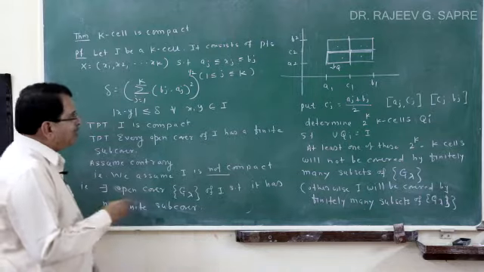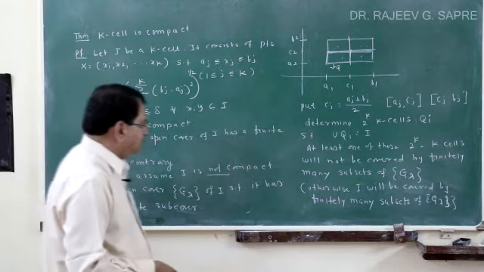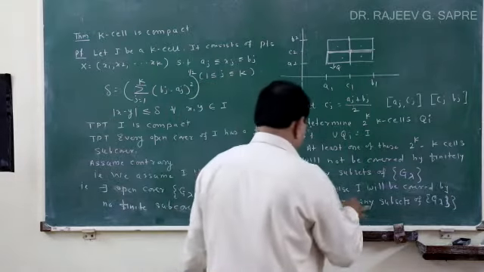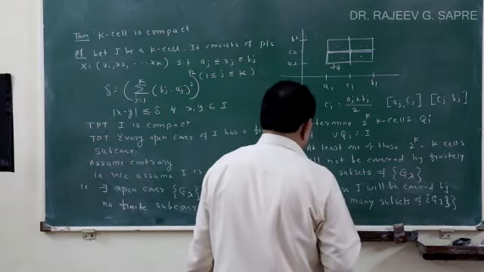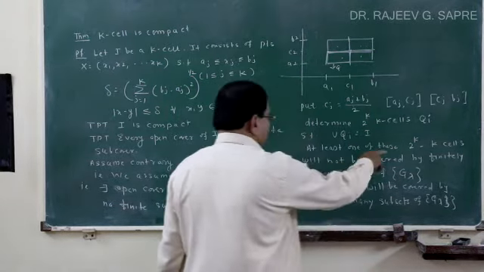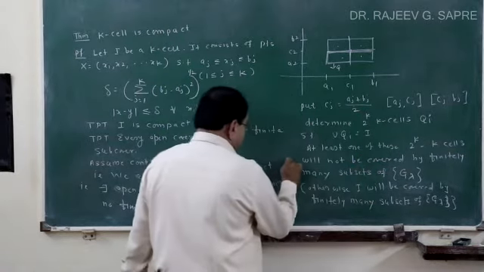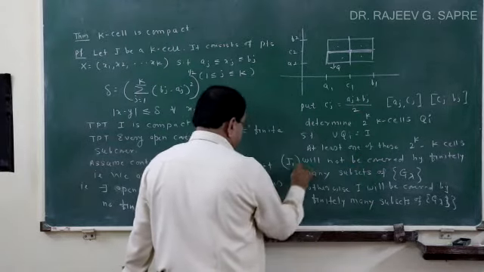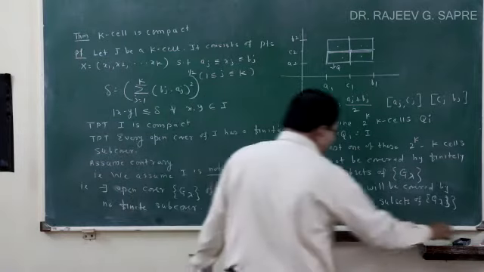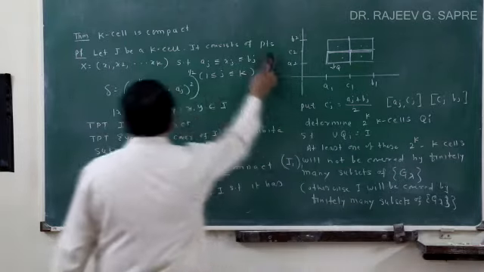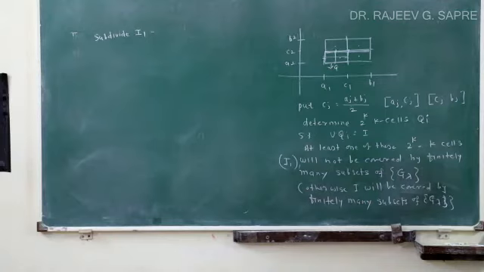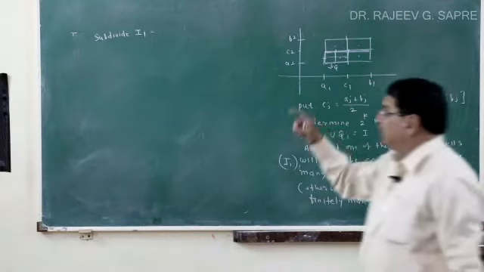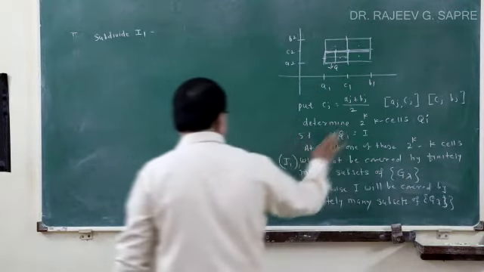We next subdivide this I1. Now at least one of these 2 raised to K cells, say I1, we will call it I1, will not be covered by finitely many subsets. Now what you do is again subdivide this I1 by using this procedure.